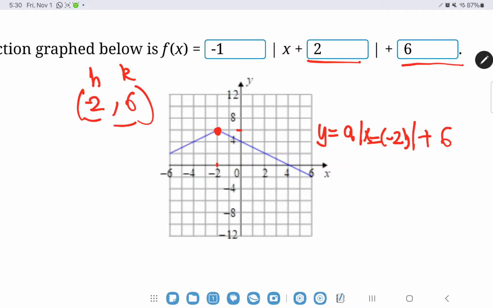Now, this is our equation, but let me simplify it because it's minus minus. I like putting it as plus. So y equals a times absolute value of x plus 2, plus 6.